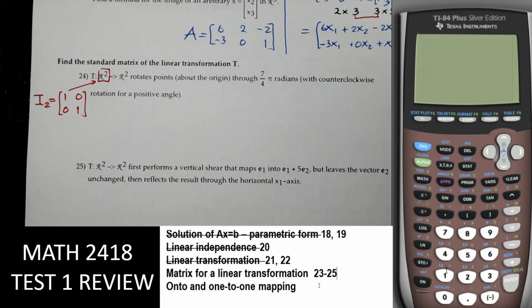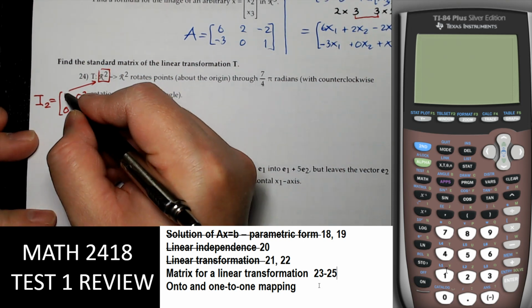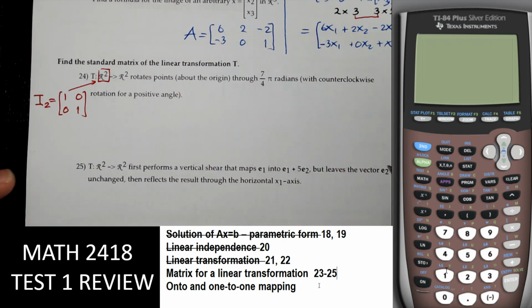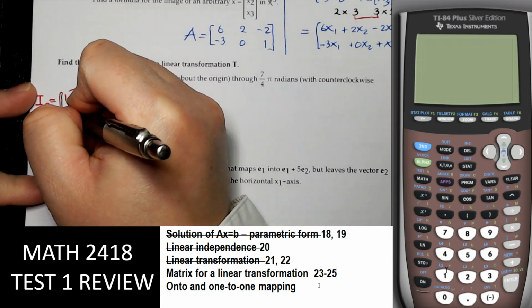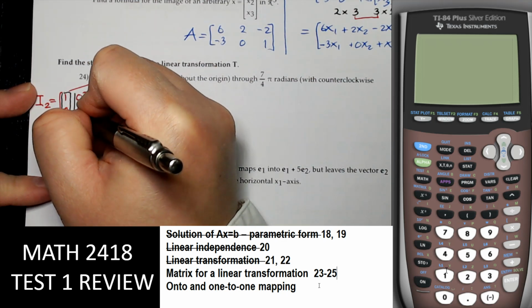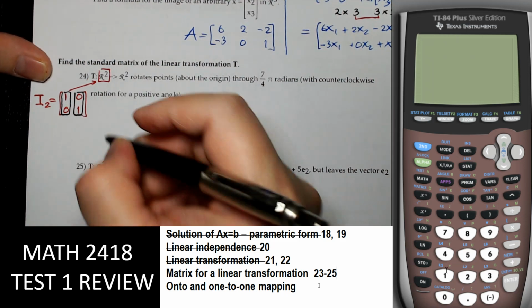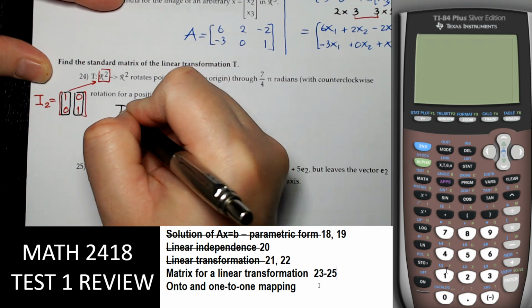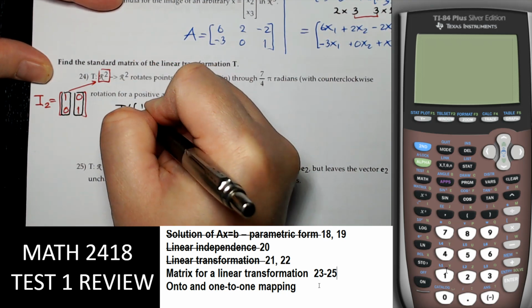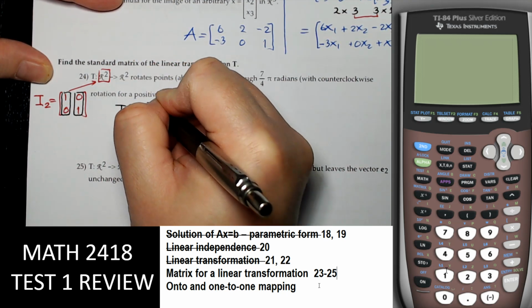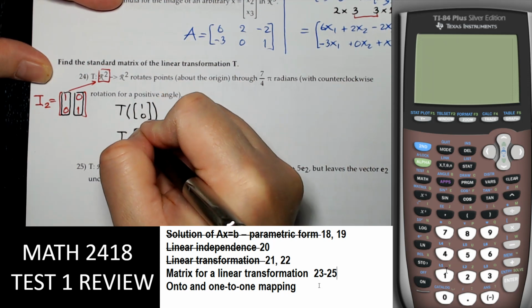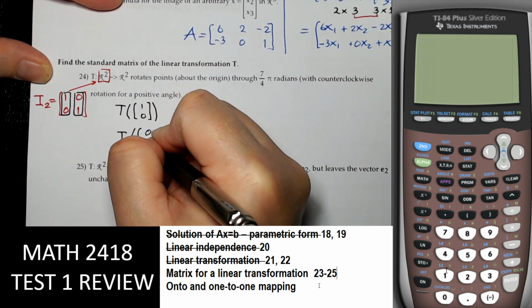All we need to do is just find out what will happen to the first column and what will happen to the second column. So we ask what happened to 1 and 0, and what will happen to 0 and 1.